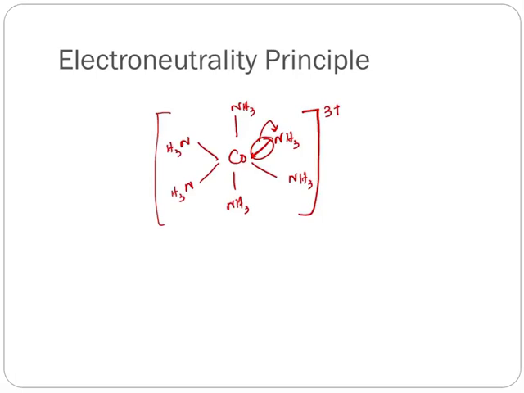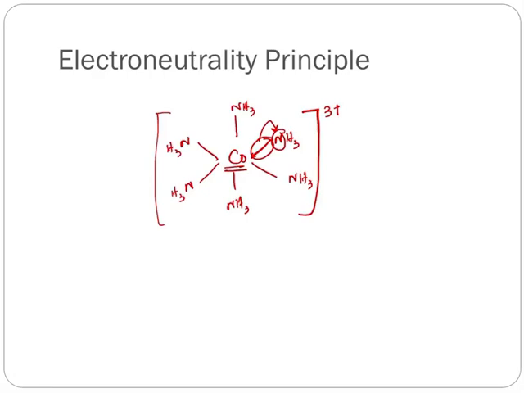That means once the ligand gives its electron to the central metal atom, due to the difference in electronegativity, cobalt being more electropositive and nitrogen more electronegative than cobalt, the nitrogen attracts its donated electron pair towards itself.